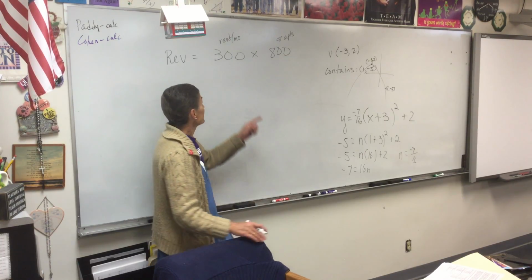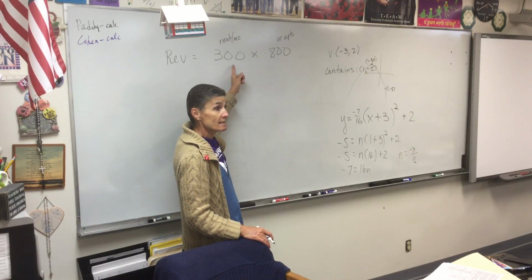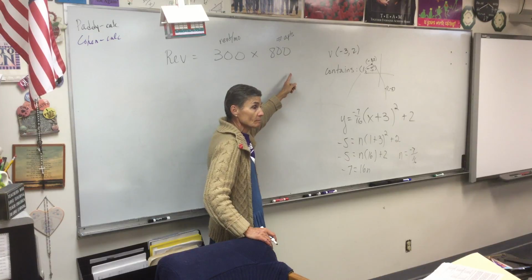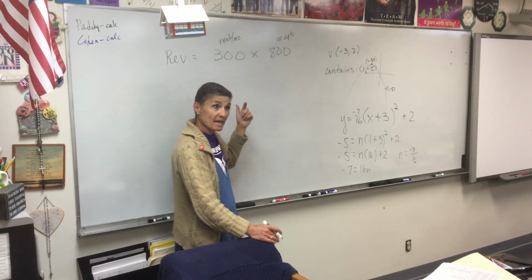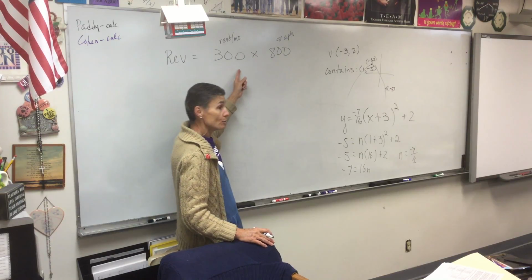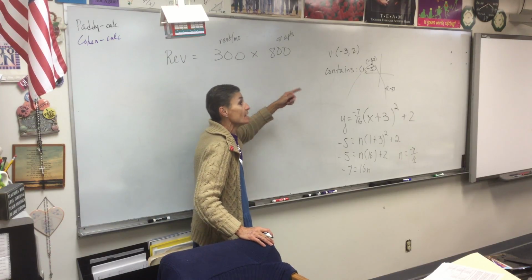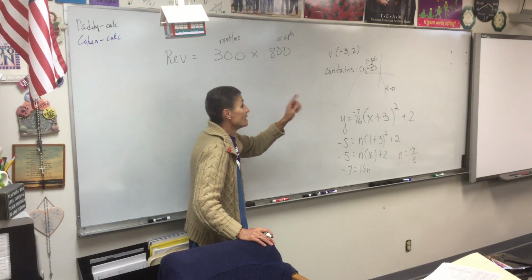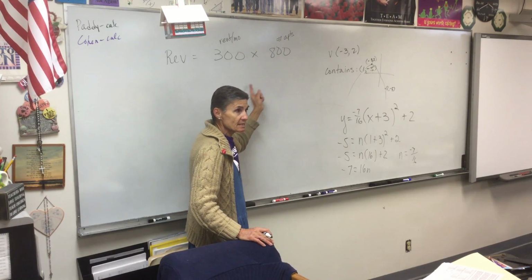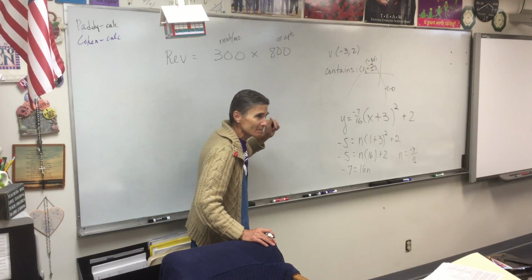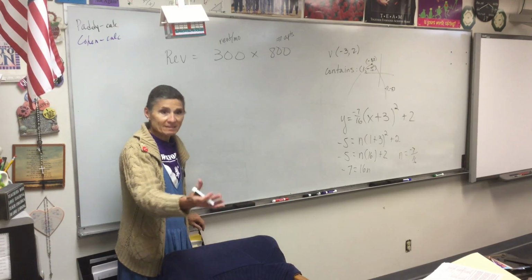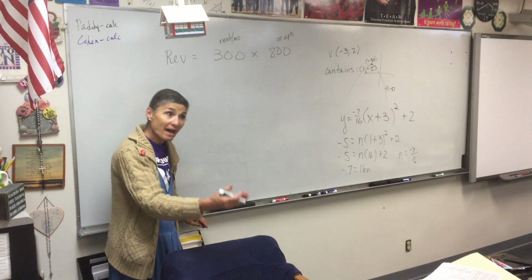Yeah, because then it would be $295 times 820. But if you did that twice, dropped your rent twice, it would be $290 times 840, and so on and so on and so on. You are interested in which of these is going to give you the biggest number, right? You want to maximize it. Find the maximum.